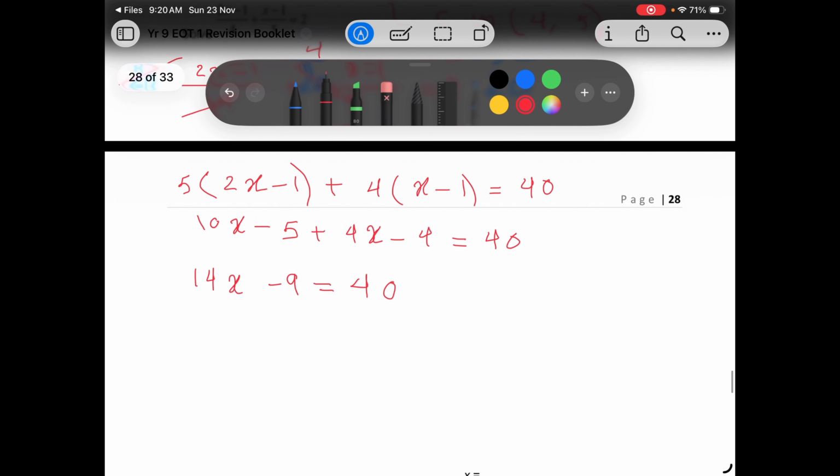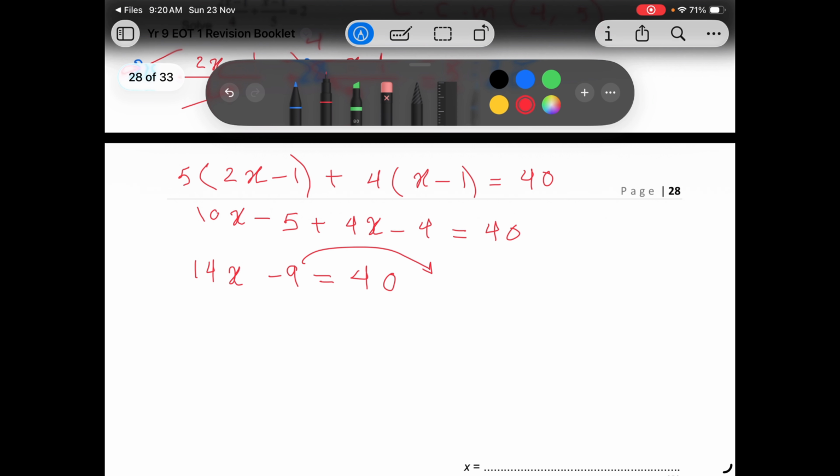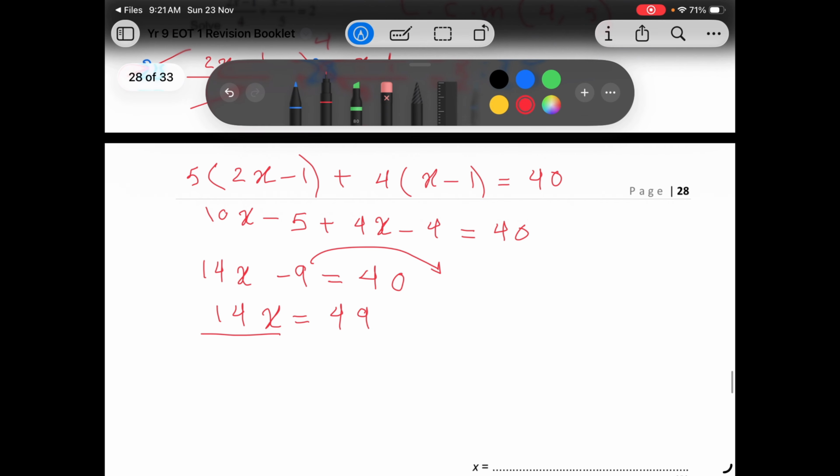Then I can move this to the other side. So here 14x equals, it will be 49 because 40 plus 9. Then you can simply divide by 14, divide by 14. Then x will be 7 over 2. If you simplify, divide by 7, which is like this.